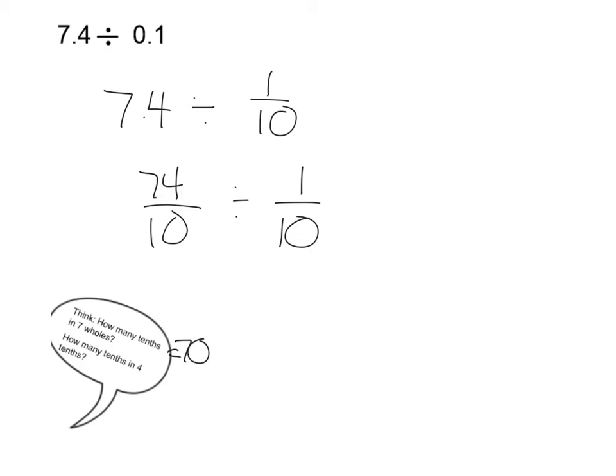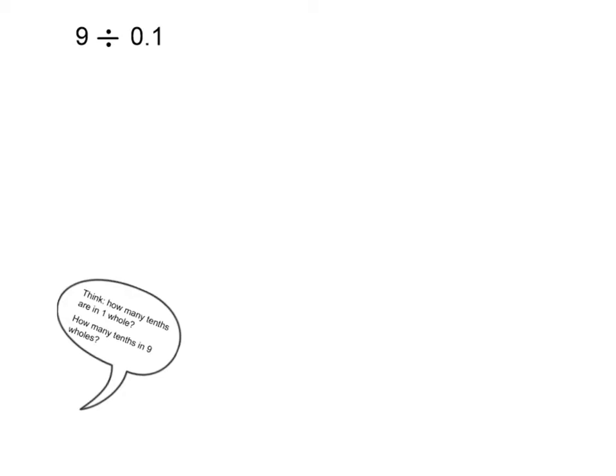So how many tenths are in 4/10? Well, 4/10 has 4 tenths. So 70 plus 4 equals 74. So 74 tenths divided by 1/10 equals 74.